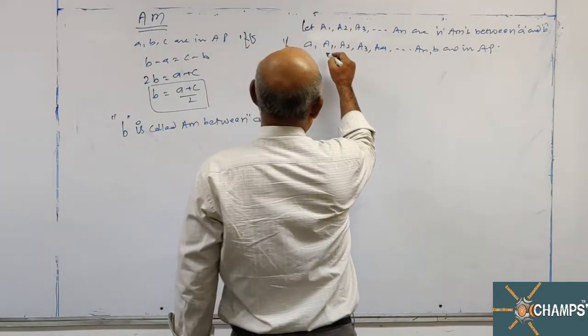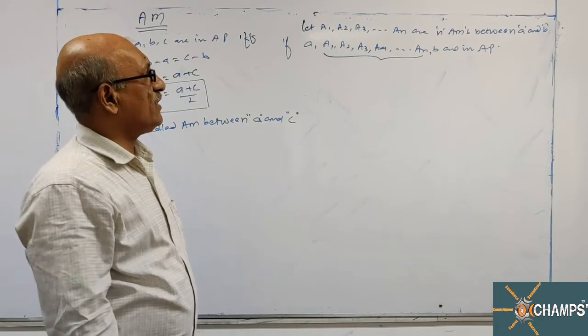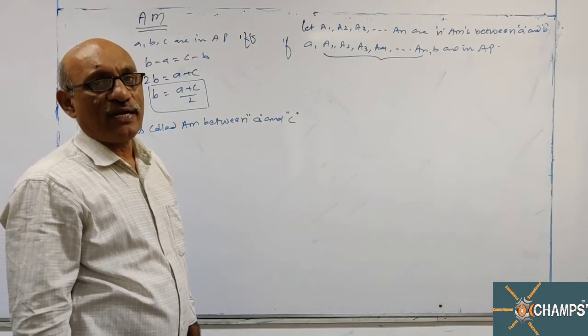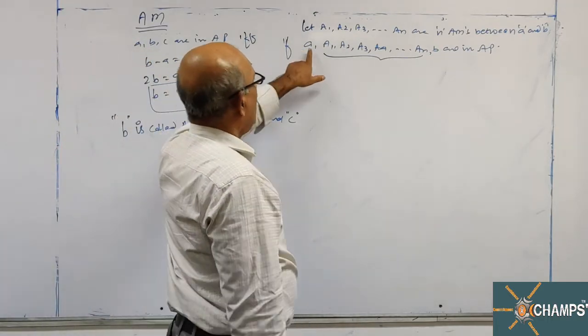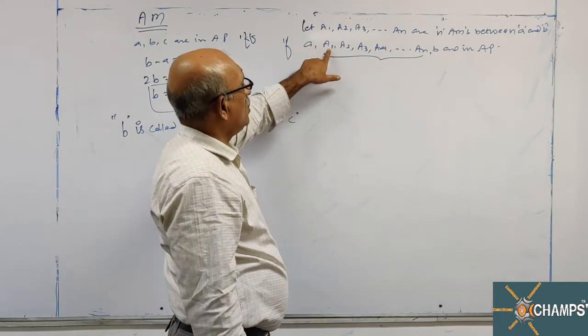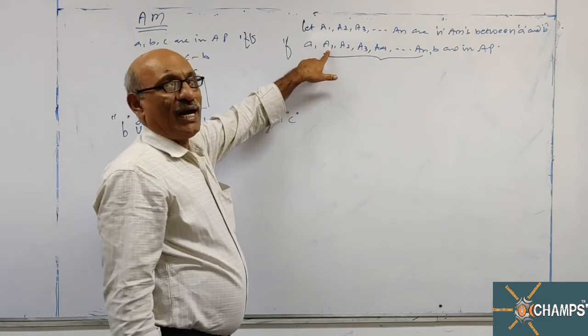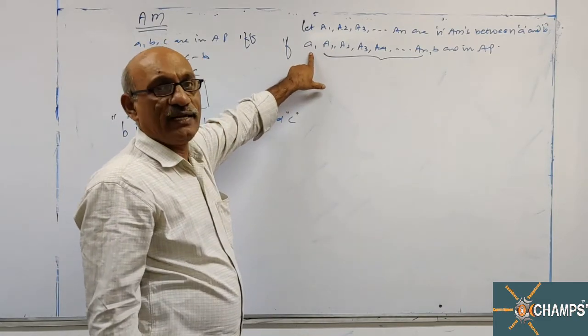Now here I have to find the values of A1, A2, A3, A4, etc., An. A is the first term, A1 is the second term. To obtain this value A1, I have to add the common difference to the preceding term.